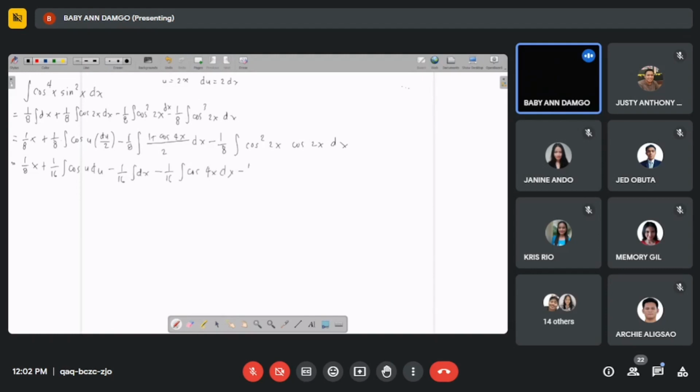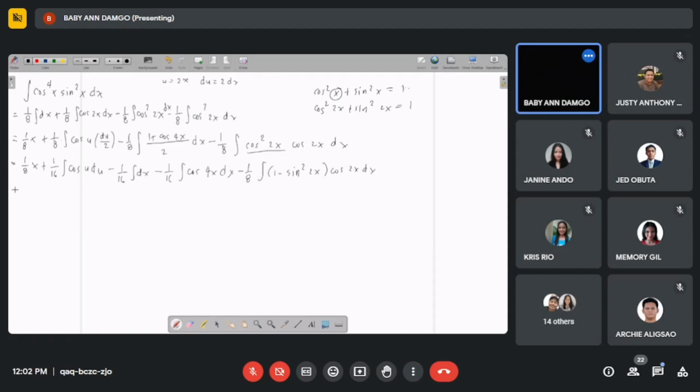So minus 1 over 8 integration of cosine squared 2x, we can also use cosine squared x plus sine squared x equals 1. Substituting x by 2x, cosine squared 2x plus sine squared 2x is 1. So this is 1 minus sine squared 2x times cosine 2x dx.